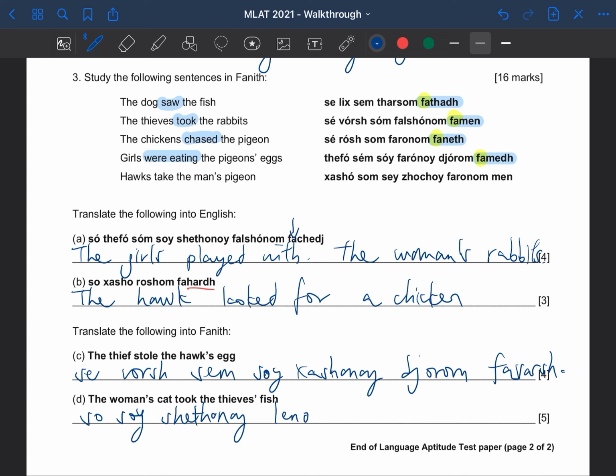Took the thief's fish. We have the thieves coming up next. So the thief would be the thief sefosh. This time it's say for sure. And the fish is found here. Tharson.